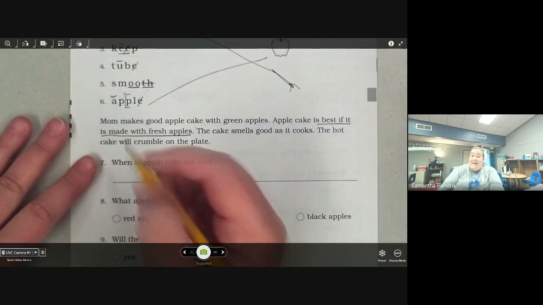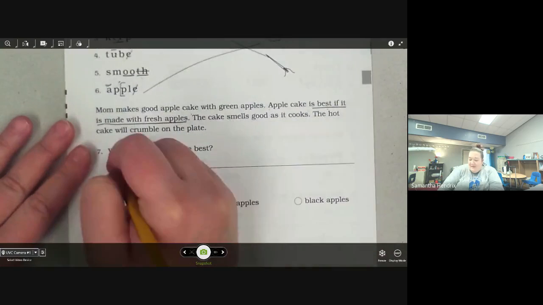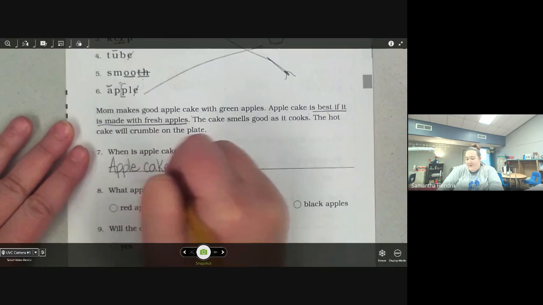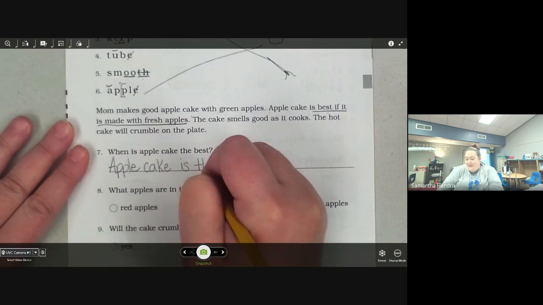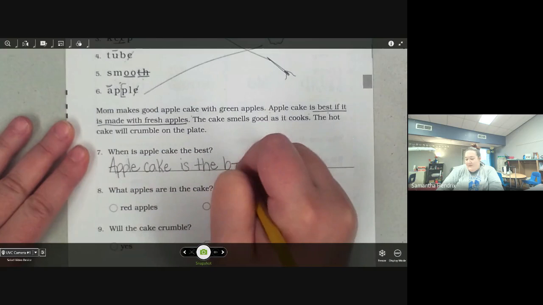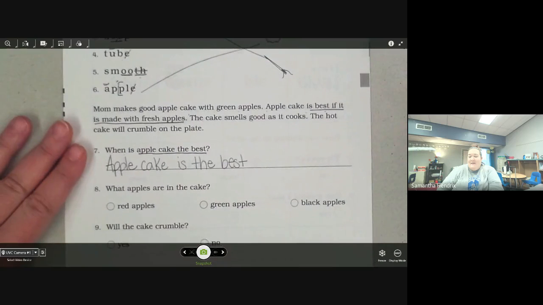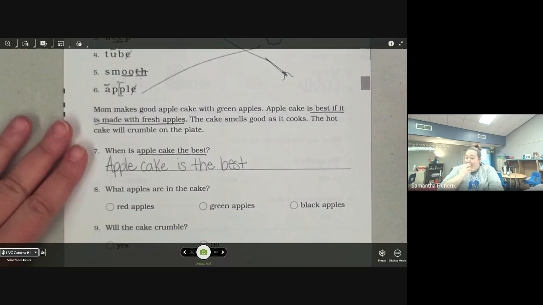So we're going to write a complete sentence, guys. So I'm going to capitalize my first word. Apple cake is the best. So I used my question. Apple cake is the best. Now I'm going to have to write underneath, and you will too probably, and that's okay.